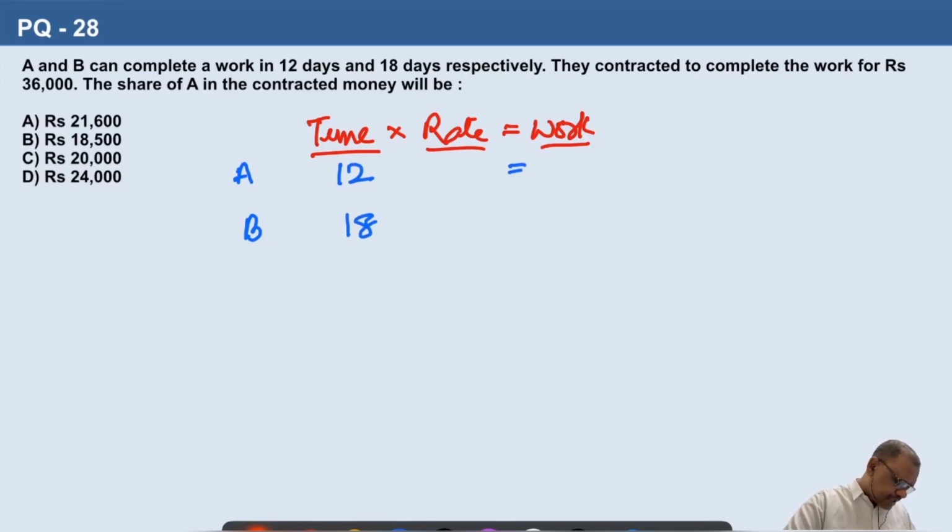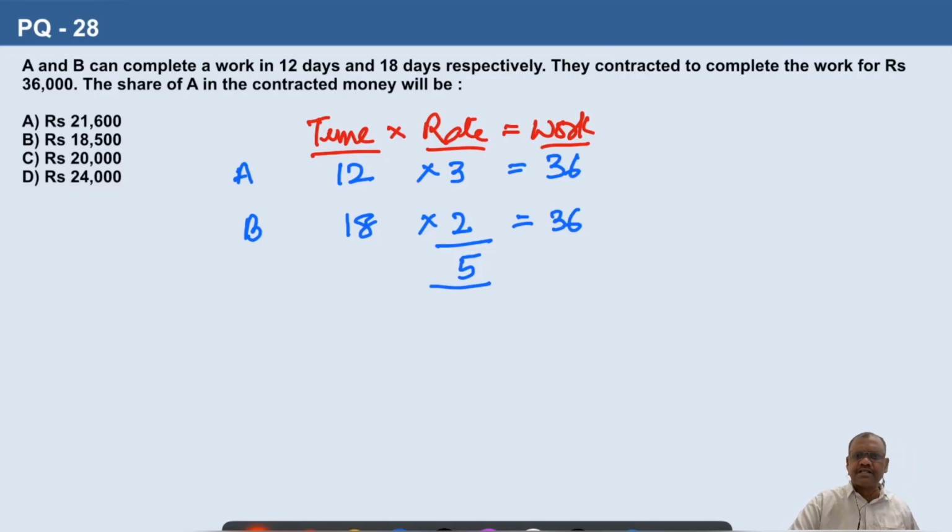The total work is LCM. 36 is the LCM. 36 divisible by 12 3 times, divisible by 18 2 times. So what is the total amount? 36,000. Total efficiency is 5 parts. So 36,000 we have to divide into 5 parts, and 3 parts is the share of A.